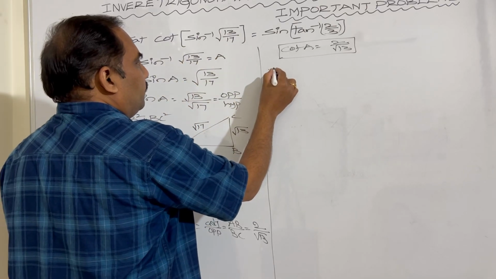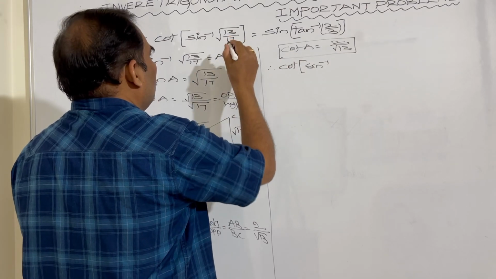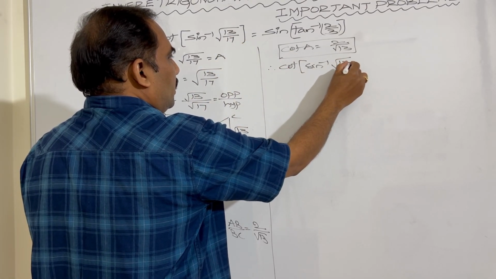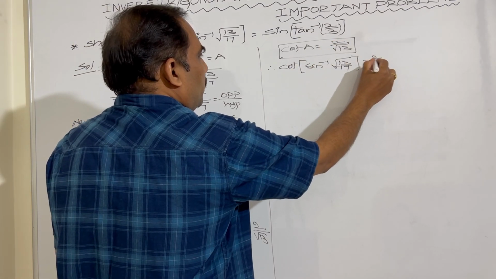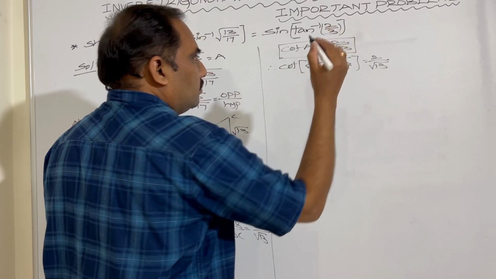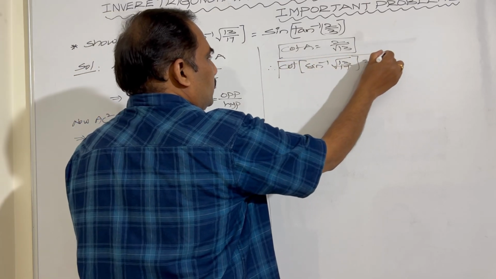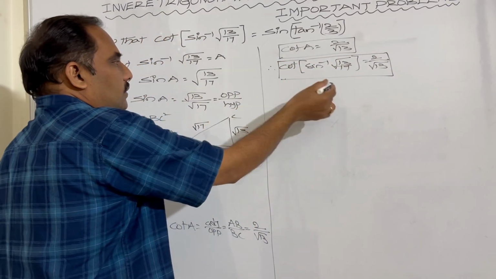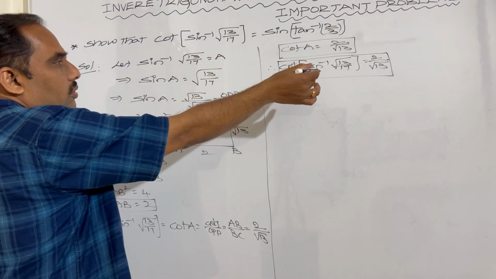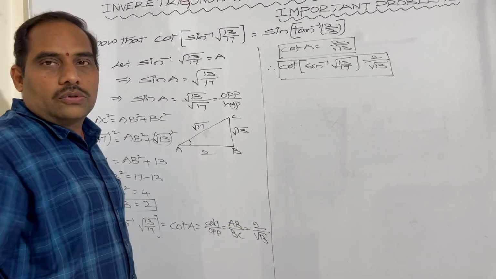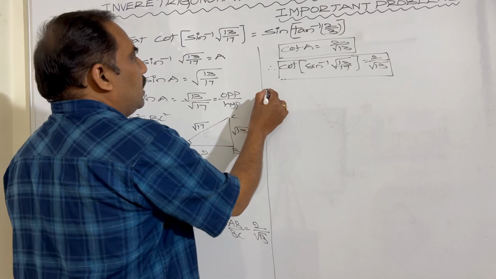Therefore cot of sine inverse of root 13 by 17 is equal to 2 by root 13. This is the left hand side. So LHS is equal to 2 by root 13.